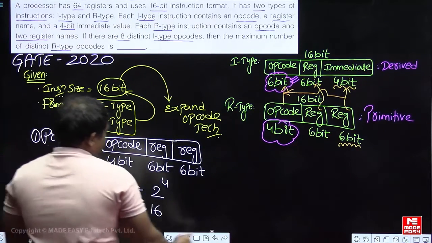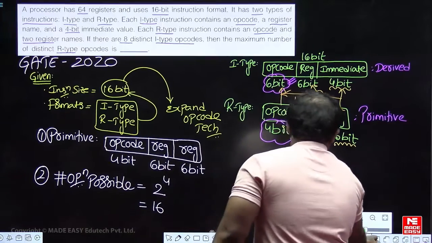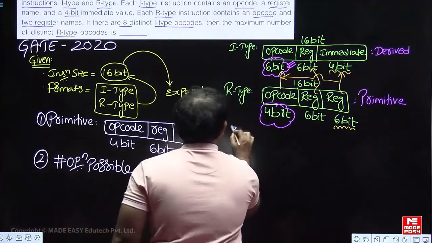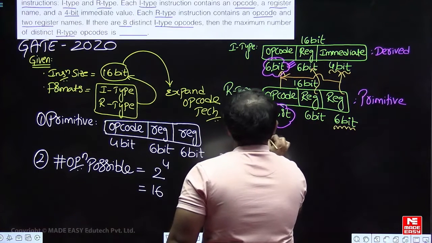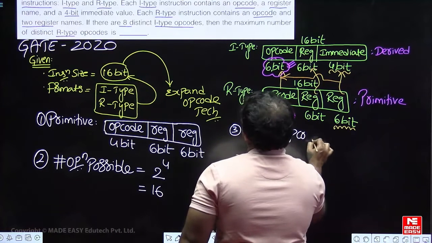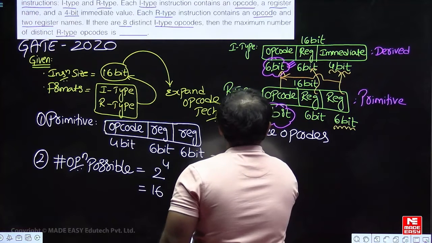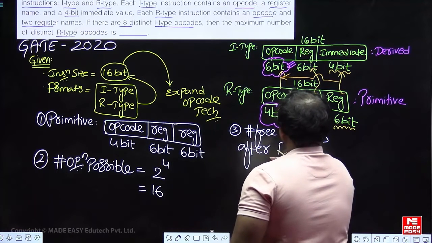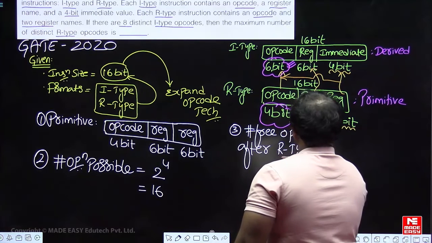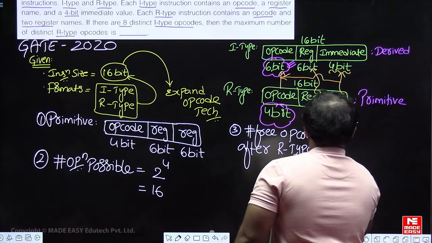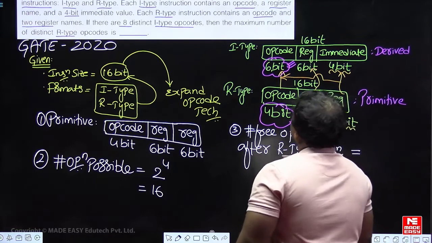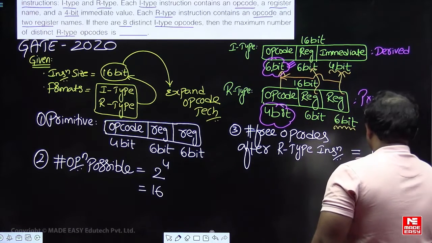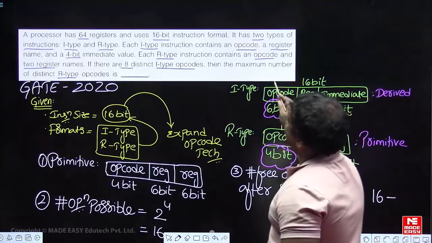Next, third: the number of free opcodes after R-type instructions. That is the total number of instructions minus the number of R-type instructions present.